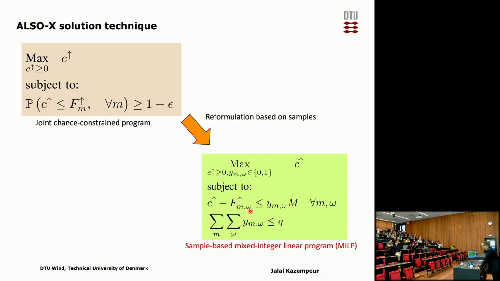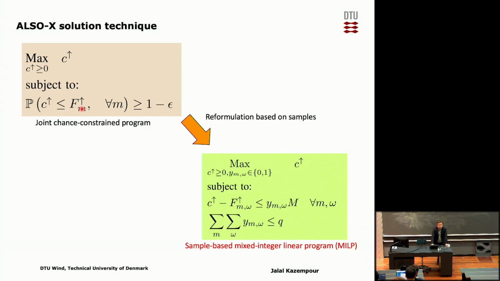Scenario index. It's the sample. It's one of the samples, the sample omega, that we draw from the distribution for minute m. So this is a distribution, but this is a sample omega from that distribution. So this is a single value, like 5 kilowatt, 10 kilowatt.